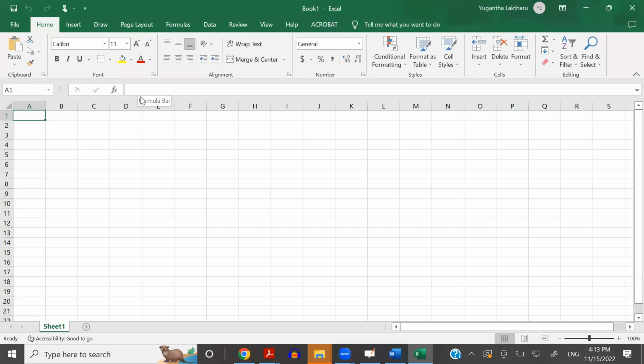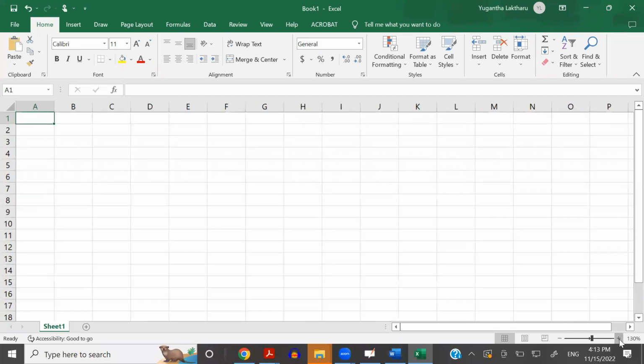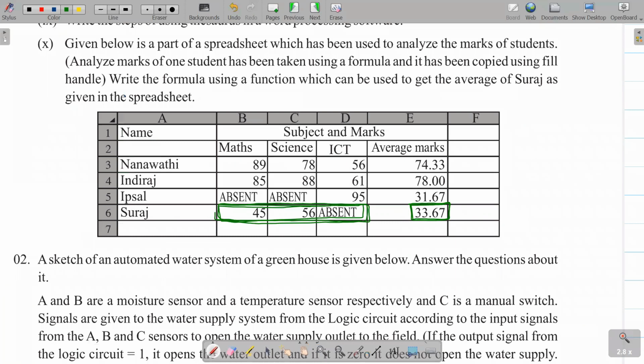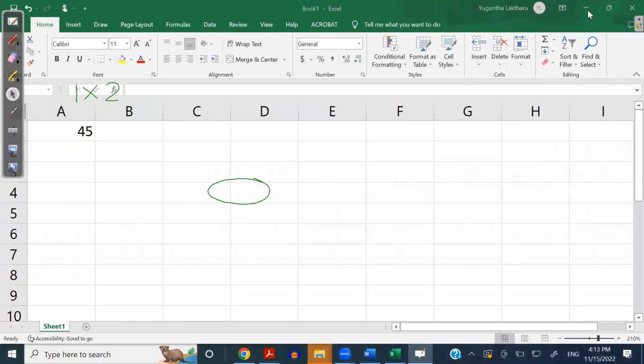Right? So I just take two dummy marks, like let's say 45. I'll take the exact thing, 45, 56, and absent.